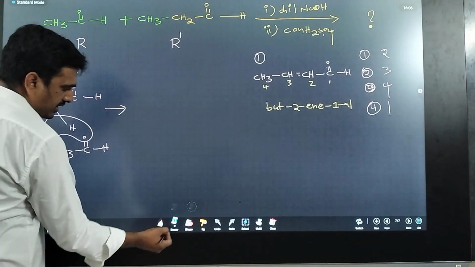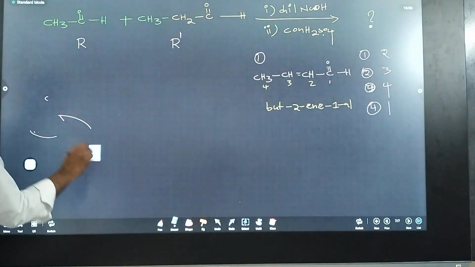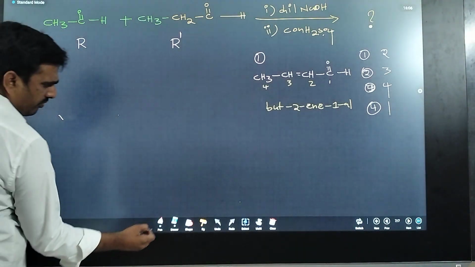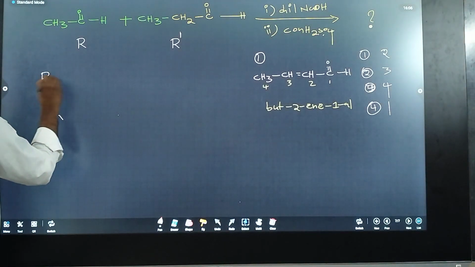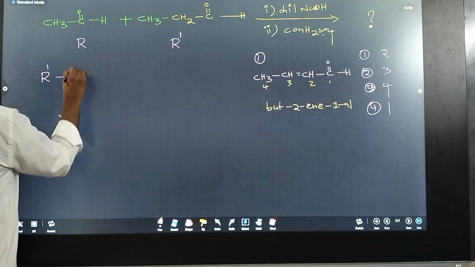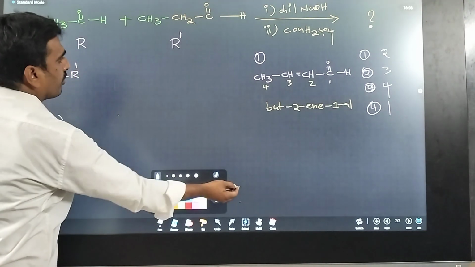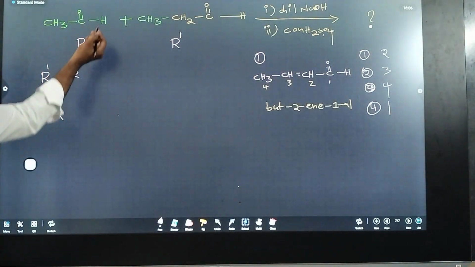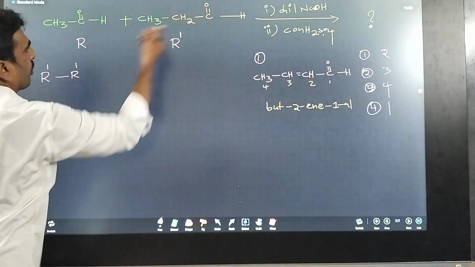I can write the second combination, R prime and R prime. R prime is a propanaldehyde.